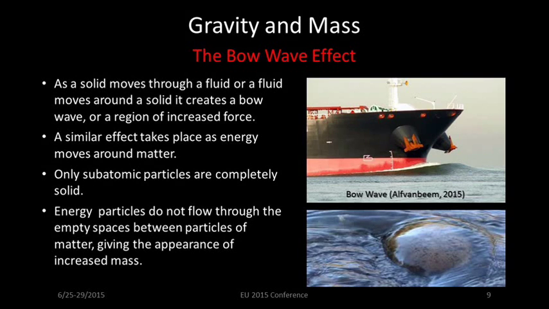Because matter is more porous than a window screen, energy is normally free to move between the individual atoms that make up an object. So the mass of an object at rest is the sum of the displacement of energy by each of the individual atoms. As an object moves faster, though, energy or ether within the matrix begins to be displaced.